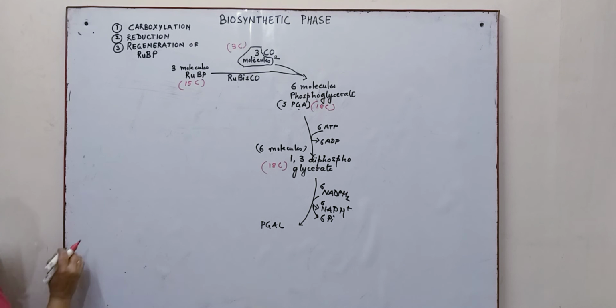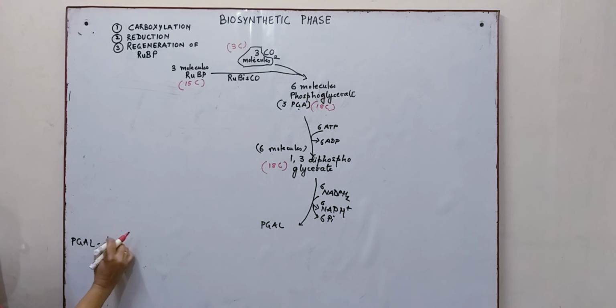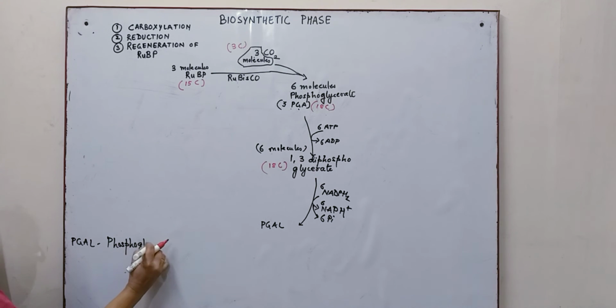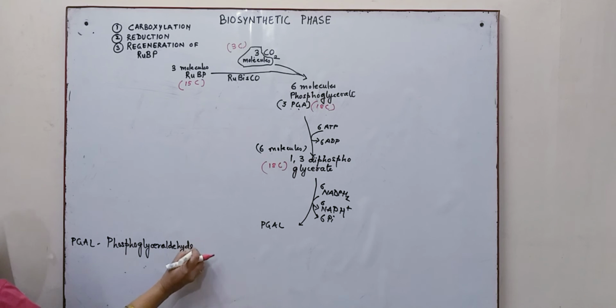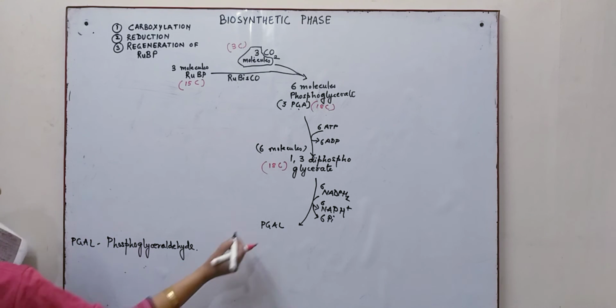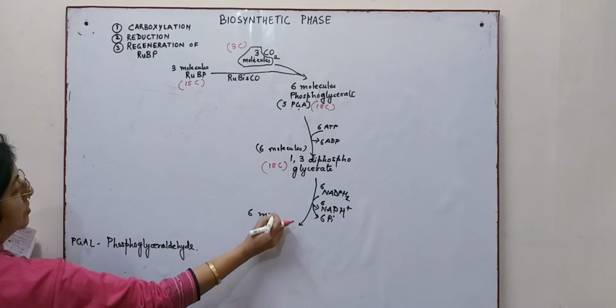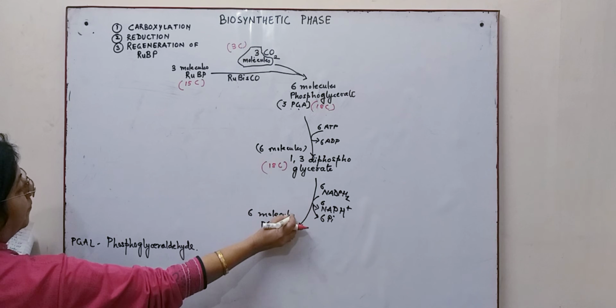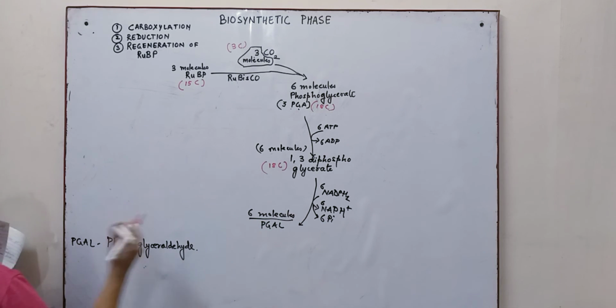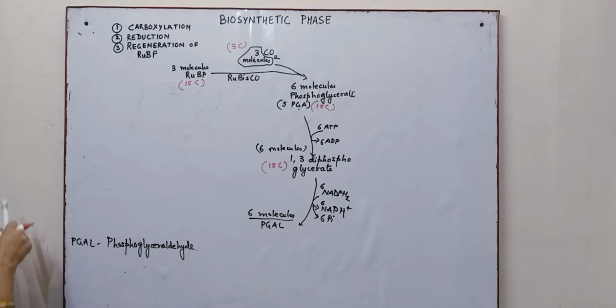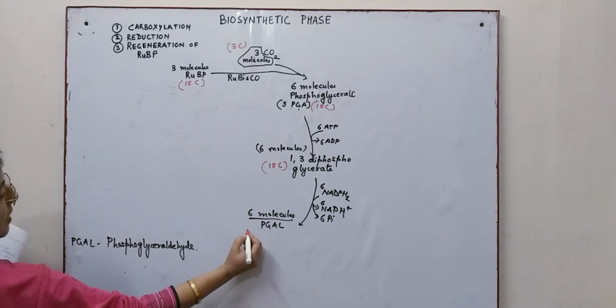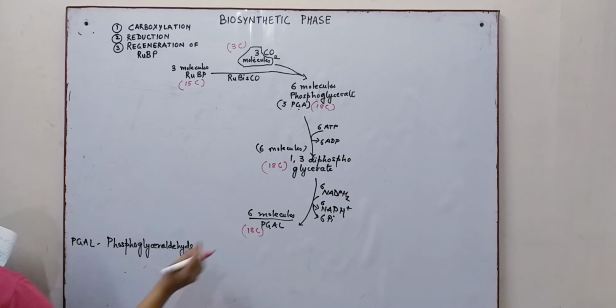So this PGAL, I am writing the full form over here, that is phosphoglyceraldehyde. What is happening over here? We are getting 6 molecules of PGAL and the number of carbon atoms is still the same, 18 carbon.